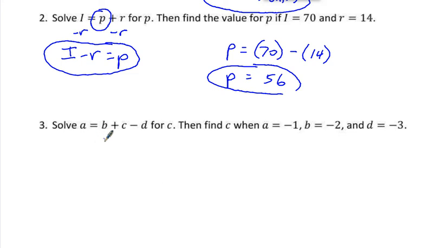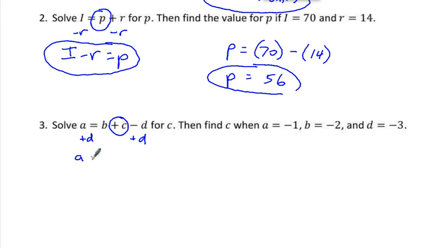A equals B plus C minus D. We're solving for C. So again, it may be helpful to circle the term that we are isolating. And we see this is subtraction, so we're going to add D to both sides.